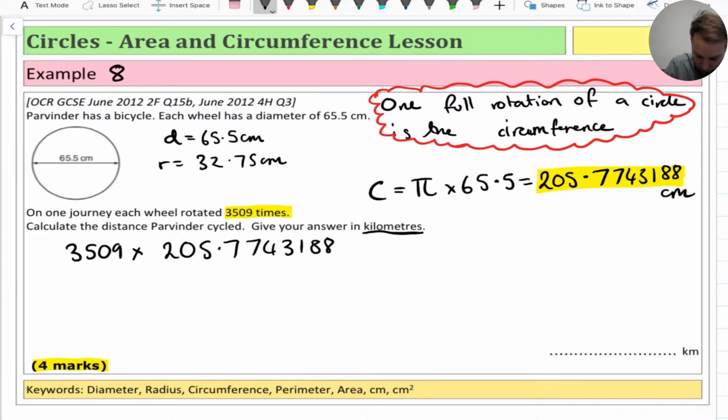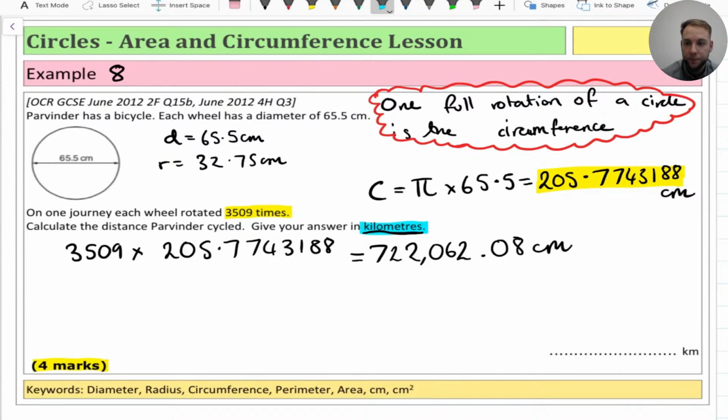So this is equal to, in centimeters, 722,062.08 centimeters. So this is how many centimeters it travels, but the question says, give your answer in kilometers.